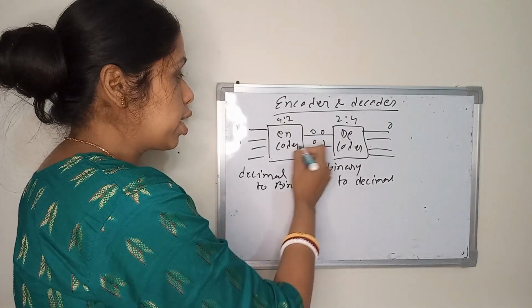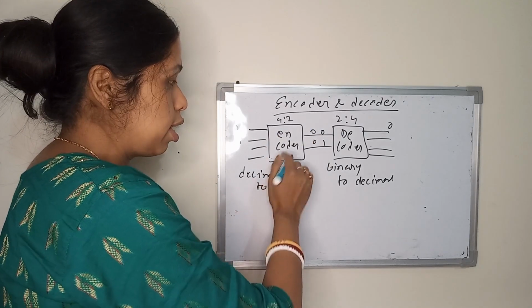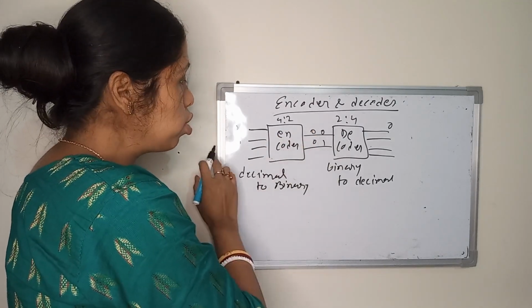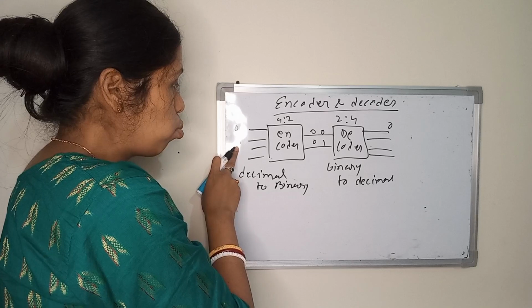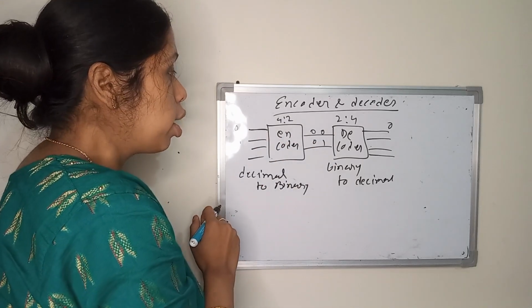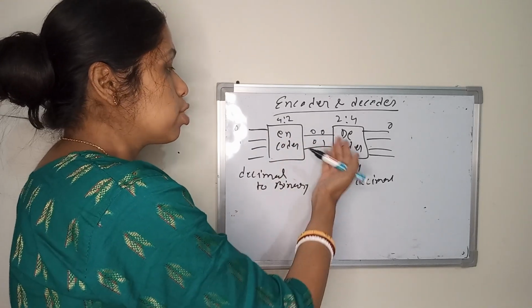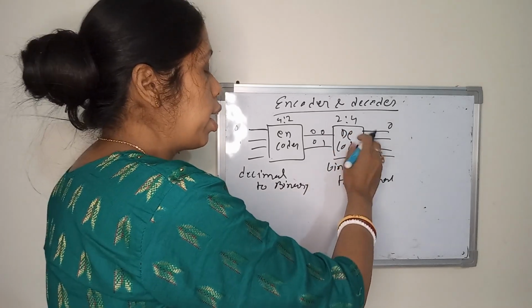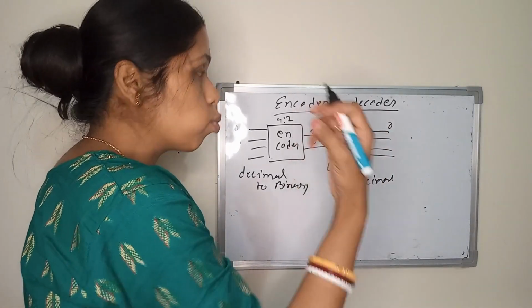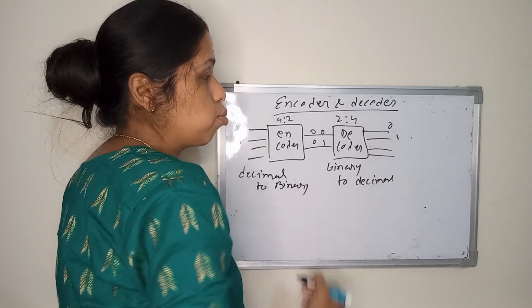So the output of the encoder will be 0 1, that 0 1 will be transferred, and the output of the decoder will again be 1.